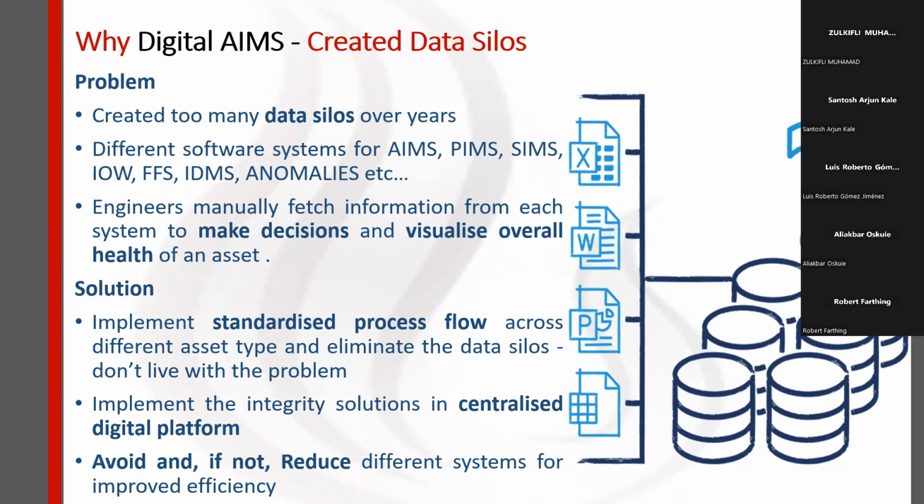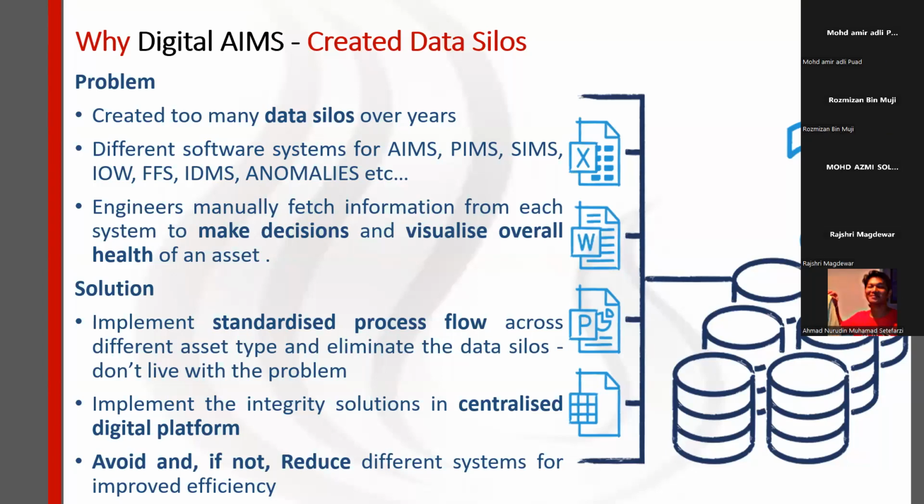However, the disadvantage is that decision making gets very difficult. Risk management for a particular discipline can be managed, but the overall risk for the whole asset gets a little tricky. So visualization of the overall health of the asset through the silo systems doesn't work. The data flow from, for example, risk-based inspection into anomalies into fitness for service, these things you're unable to achieve.